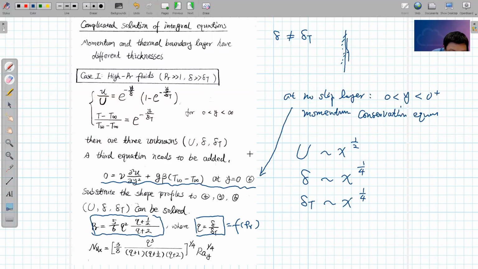And the final Nusselt number of this integral solution will be a function of q, basically the Prandtl number terms, and the Rayleigh number terms to the power of, sorry, this is a typo, this is x, 1 over 4.